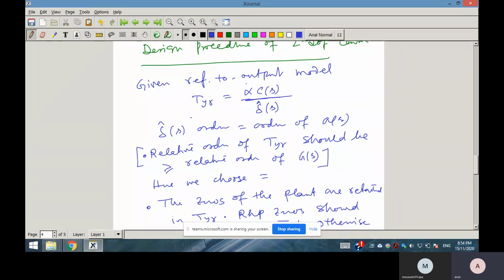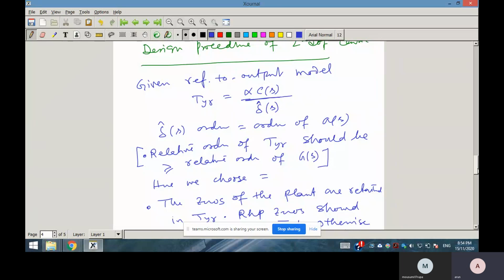First you have to choose a suitable model you want to achieve. Given a plant transfer function CS and AS, you can have TYR based on your time domain specification, like settling time, peak overshoot, all these things.